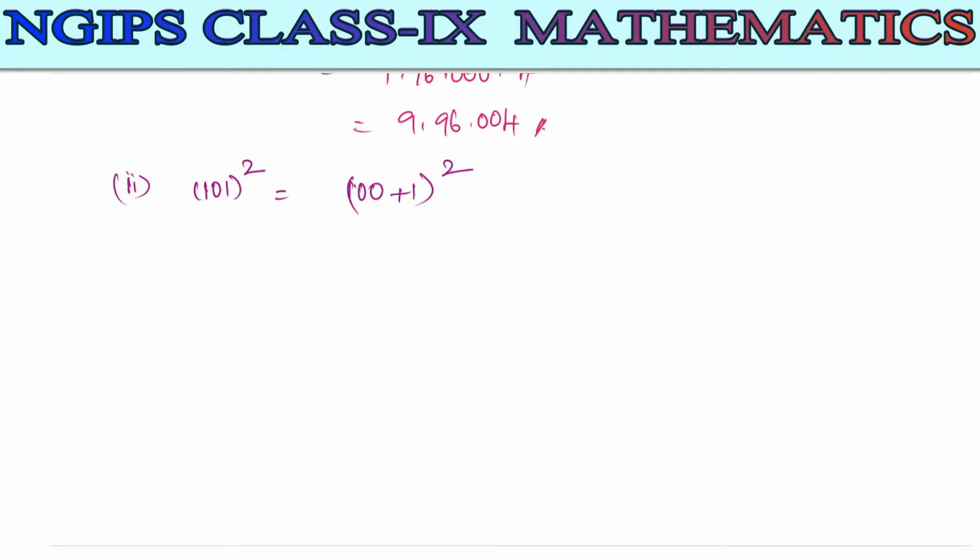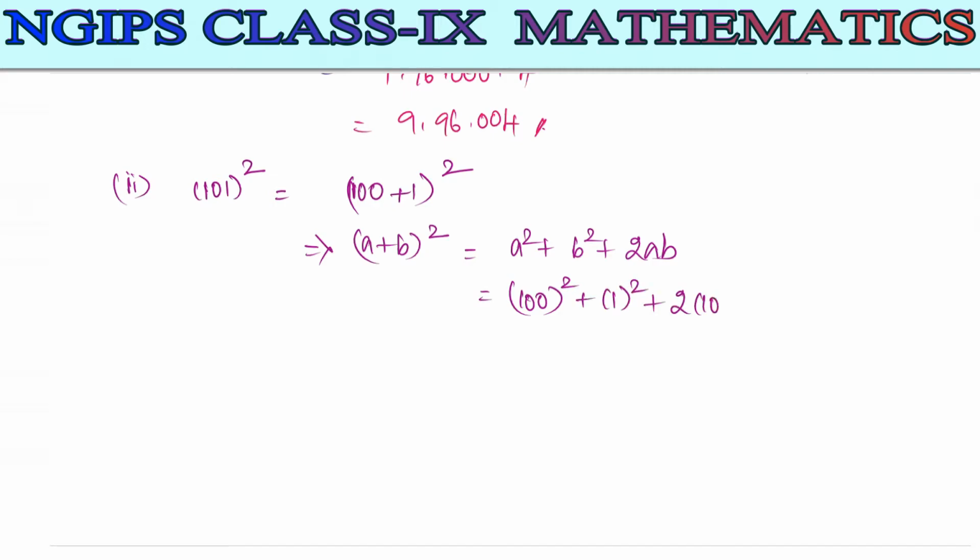The formula is going to be (a plus b) whole square. So the formula here is a square plus b square plus 2ab. So a square is going to be 100 whole square, plus b square, which is 1 square, plus 2 into a, which is 100, and b, which is 1.